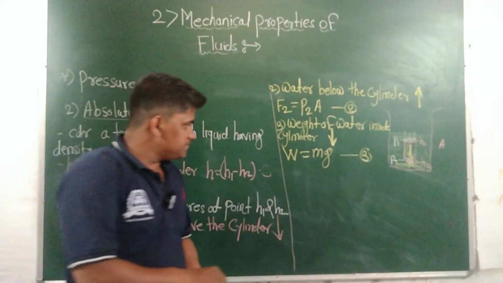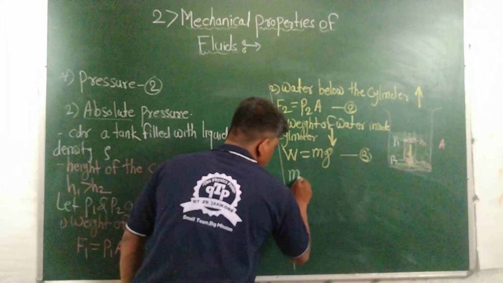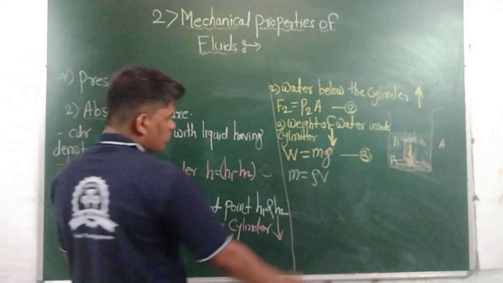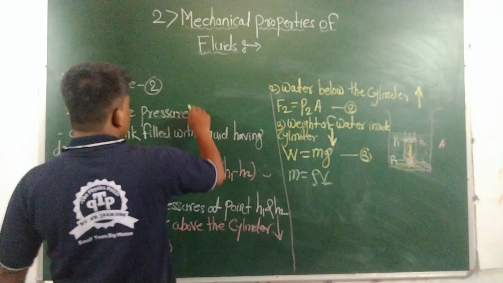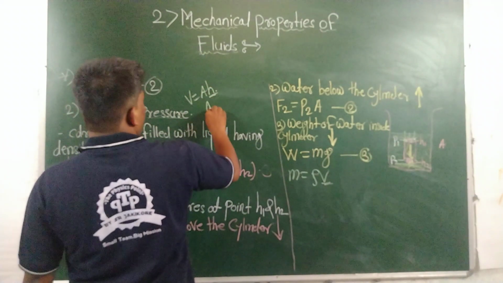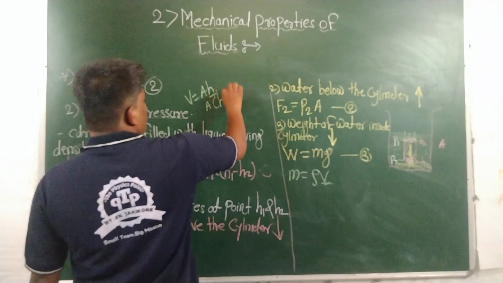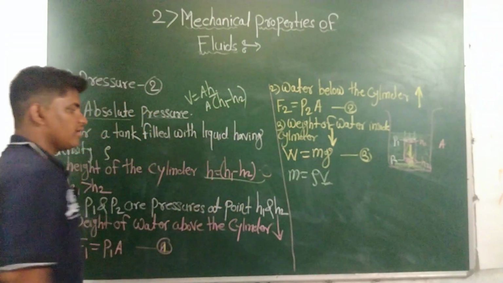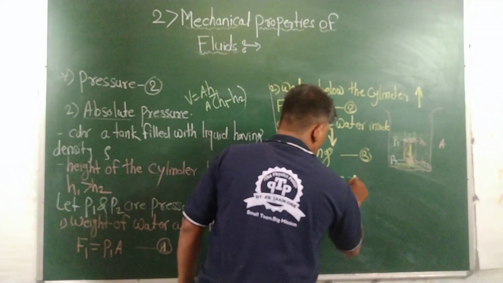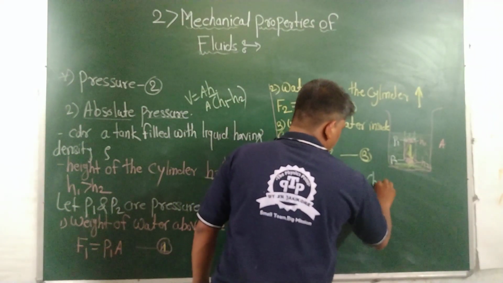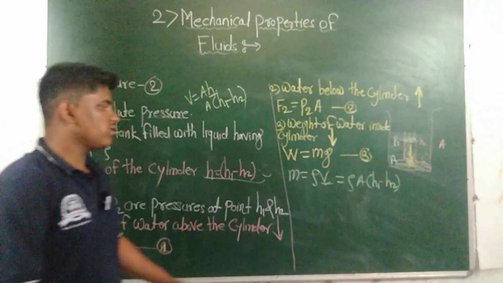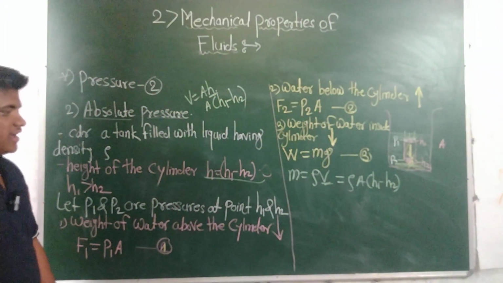What happens? We know that M is equal to rho into V, and the volume of the cylinder is equal to A into H, where H is H1 minus H2. You know that. Then M is equal to rho into A into (H1 minus H2).